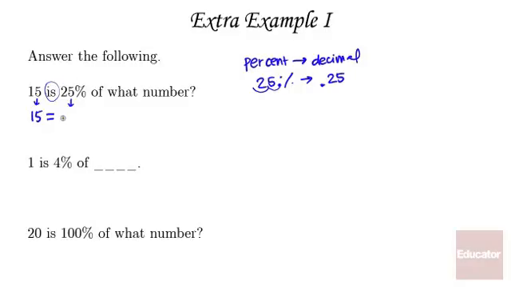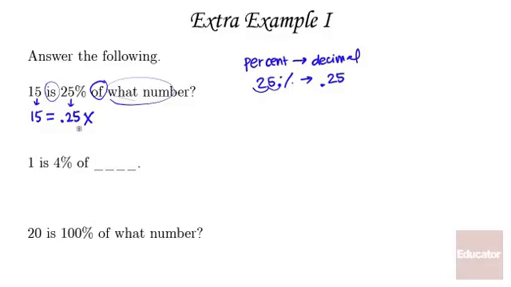So that's what I'm going to write in my equation: 0.25. "Of" means times. So times what number? This is my variable x. Now be careful here, because whenever you write a dot for times, that looks like the decimal point. So the best way to represent multiplying is to write the numbers in parentheses.